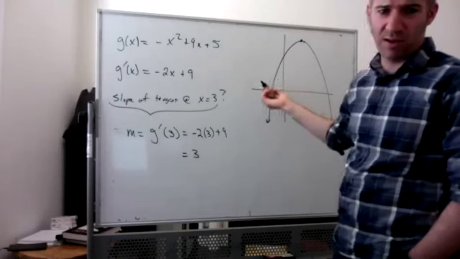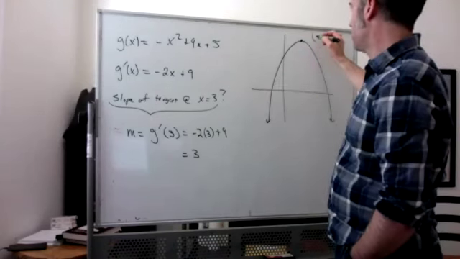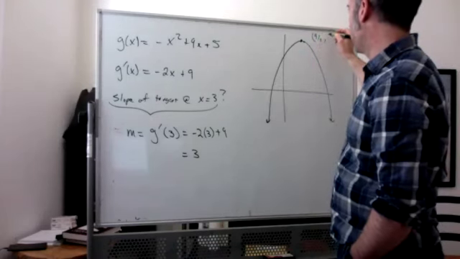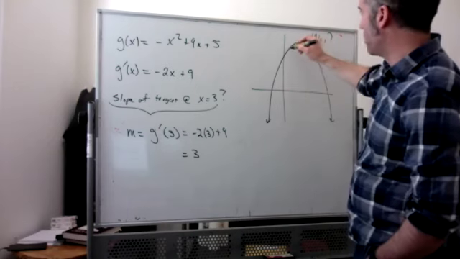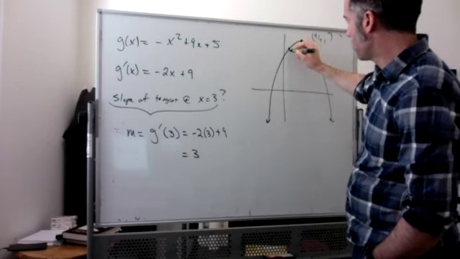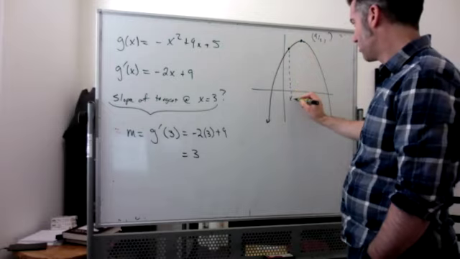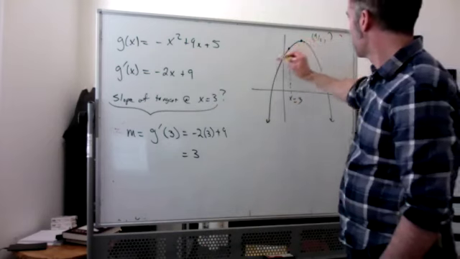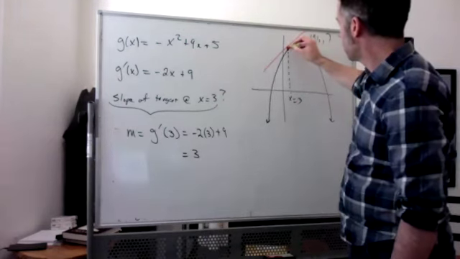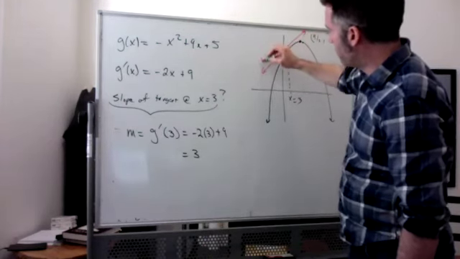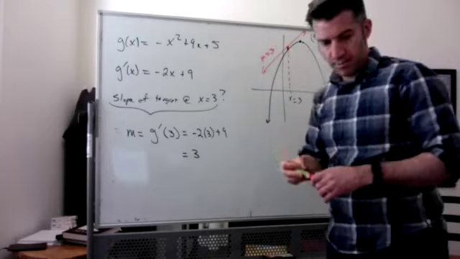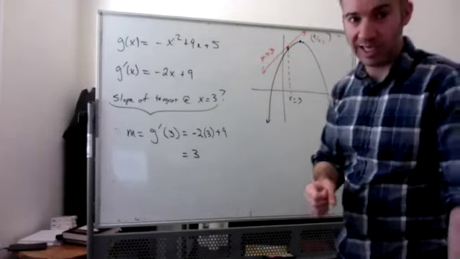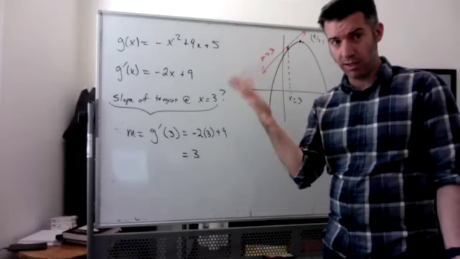The vertex is occurring at 9 halves, comma, whatever. Don't really care. So over here is 3. And here's my tangent line. And we found the slope is 3. So I want to find the equation of the tangent line. I need the slope. Boom, done, got it.